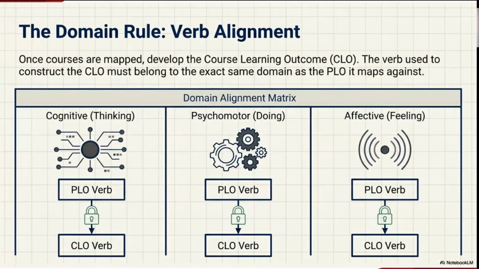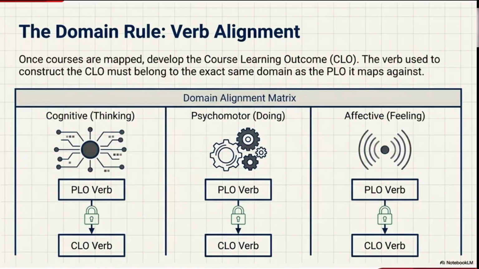Each course learning outcome must have a verb, skill set, and context. The verb that is used must be aligned to the domain to which the program learning outcome has been mapped. For example, if program learning outcome 1 addresses the cognitive domain, which is aligned to C1, knowledge and understanding in the MQF learning clusters, then the verb used in the course learning outcome must also come from the cognitive domain.